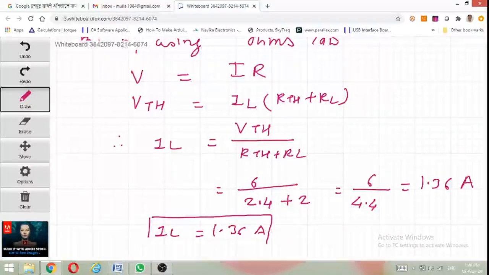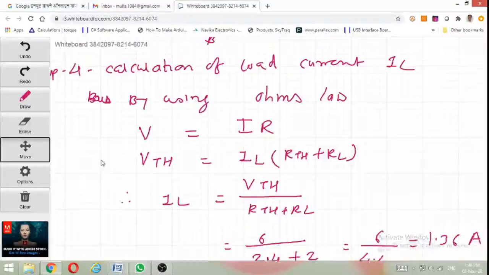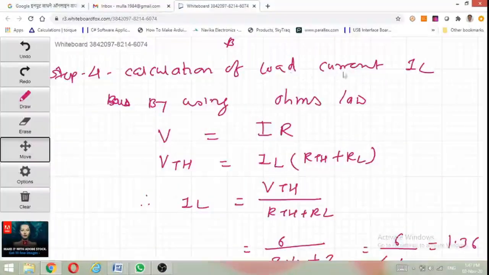In this way, we calculate the load current IL, where the load resistance RL is 2 ohm. Okay. Then we will see step number 4 again, calculation of load current IL. By using Ohm's law, V is equal to IR.